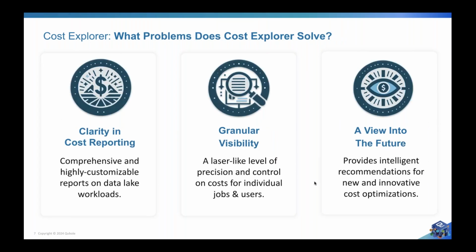Now, I spoke about the problems, so what does it solve? One of the things is clarity in cost reporting. It has very granular visibility where you can go to the job level and the application level.